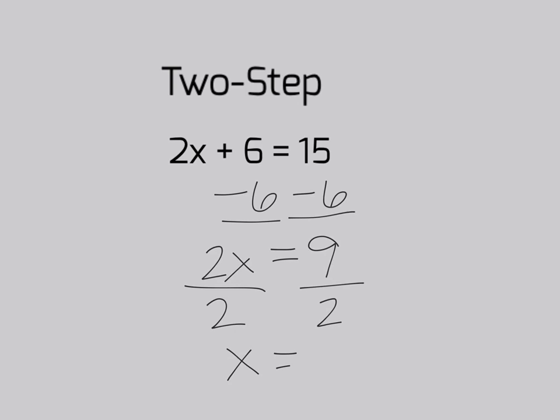Students tend to get freaked out by having a fraction or a decimal as your answer, but it's okay. We did everything right here. It's okay to get a fraction as an answer. So I prefer improper fractions, so I'm going to leave this as 9 over 2, but you can also leave this as 4 and 1/2 as a mixed number.